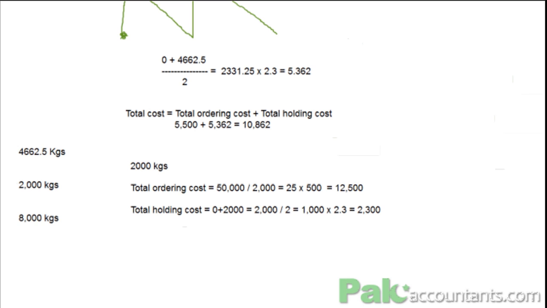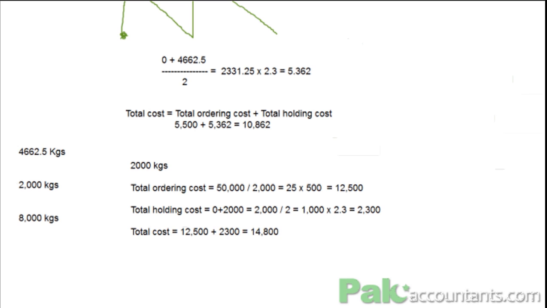In this case, your total cost will be 12,500 plus 2,300, so it will be 14,800.